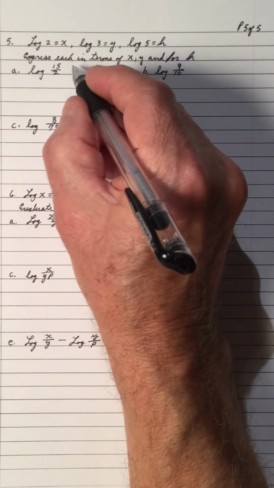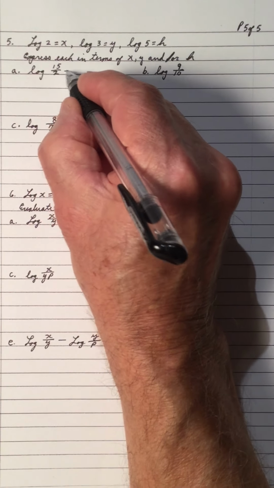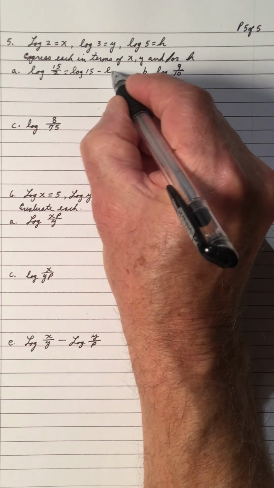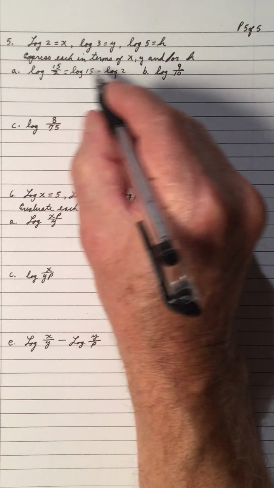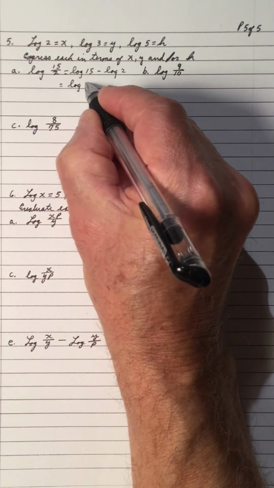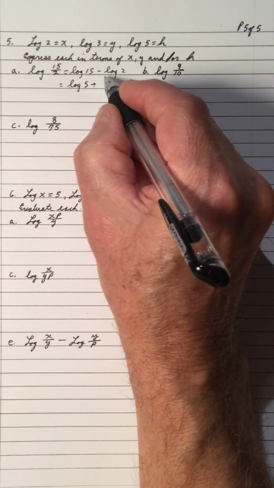So we have, this is the log of 15, subtract the log of 2. A division is a subtraction. But a 15 is made up of a 5 and a 3.